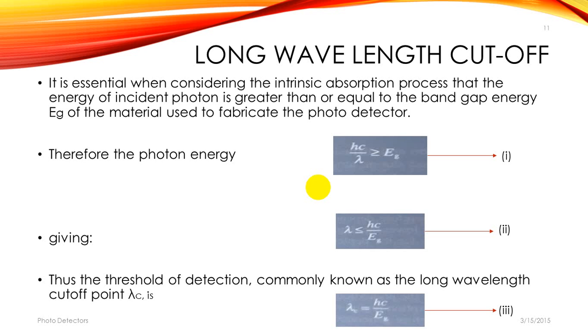Thus, the threshold of detection, commonly known as the long wavelength cutoff point lambda C, is given by hc by Eg. The expression given in equation 3 allows the calculation of the longest wavelength of light to give photodetection for the various semiconductor materials used in the fabrication of detectors.